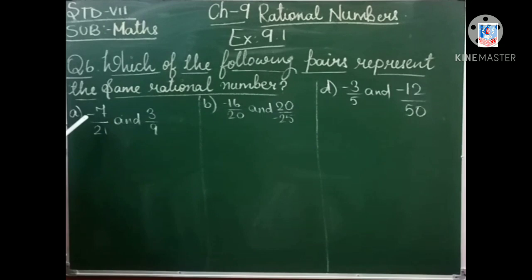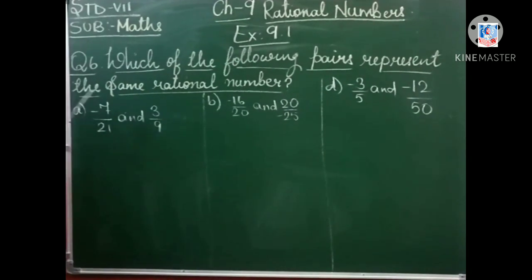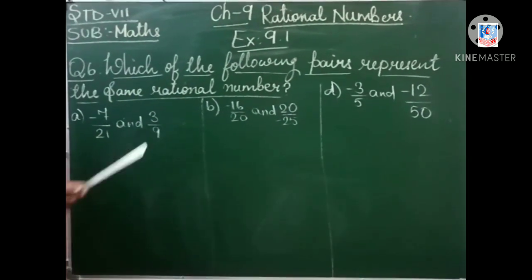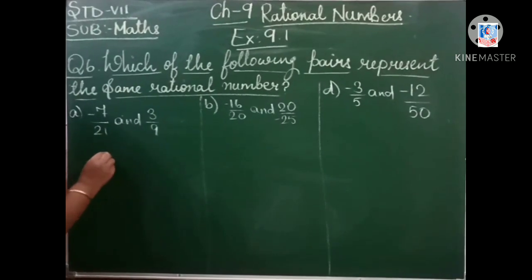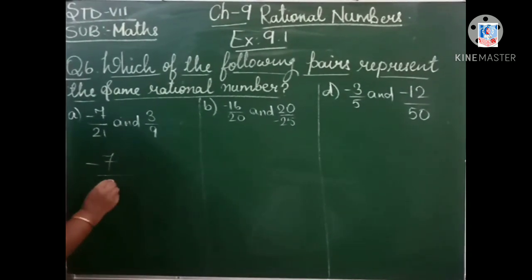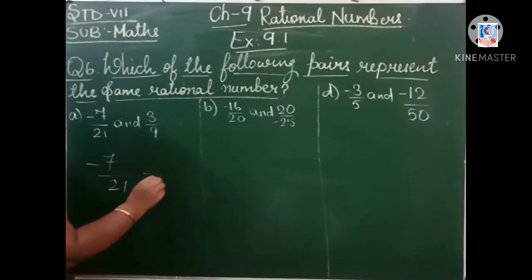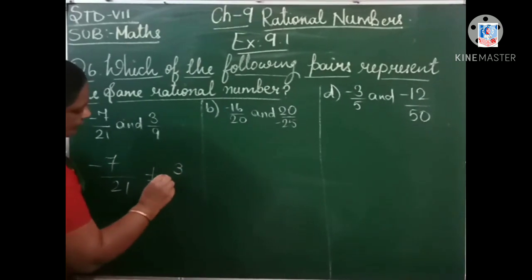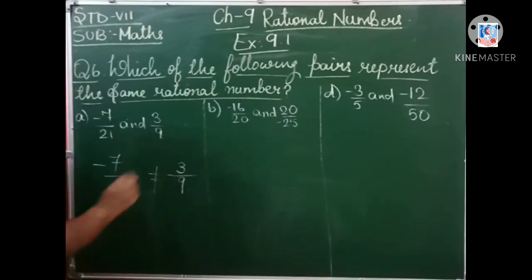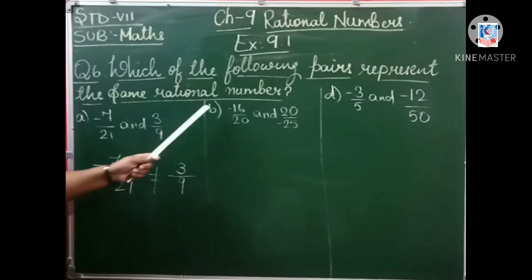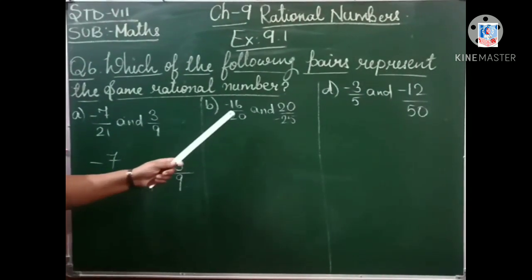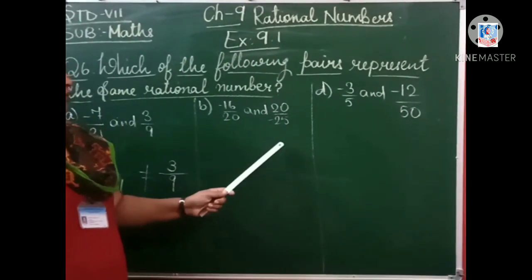Here it is simple. This one is negative and this one is positive. That means they are not equal.